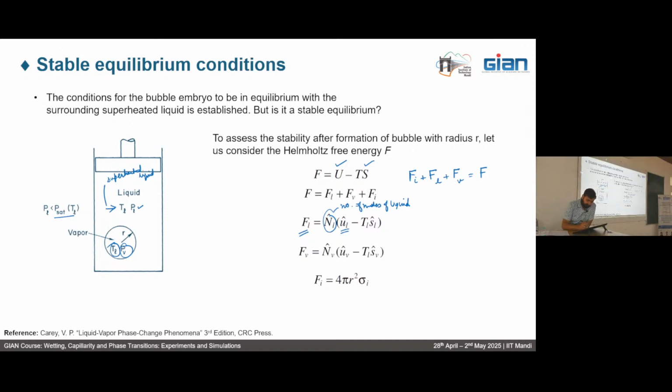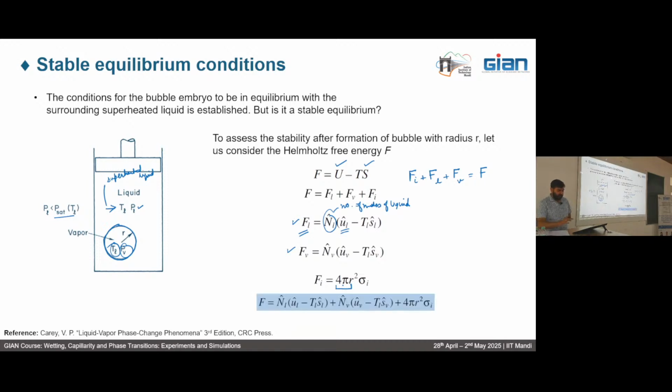So we can write FL as NL times (UL minus TL SL), and similarly FV as NV times (UV minus TL SV). For the interface, we require excess energy to create an interface, and that depends on the surface tension or surface energy. So we can write Fi is equal to 4 pi r squared, the surface area of this vapor bubble, times sigma I.